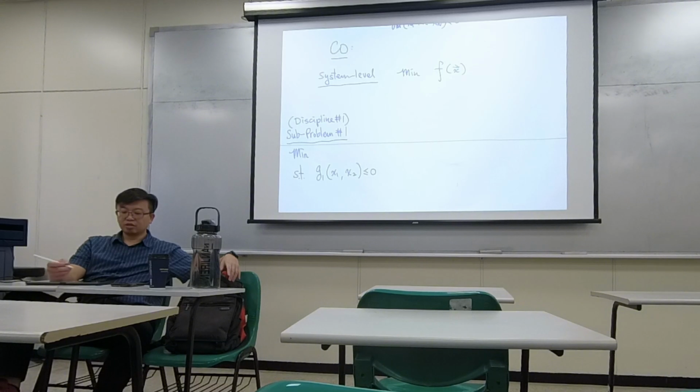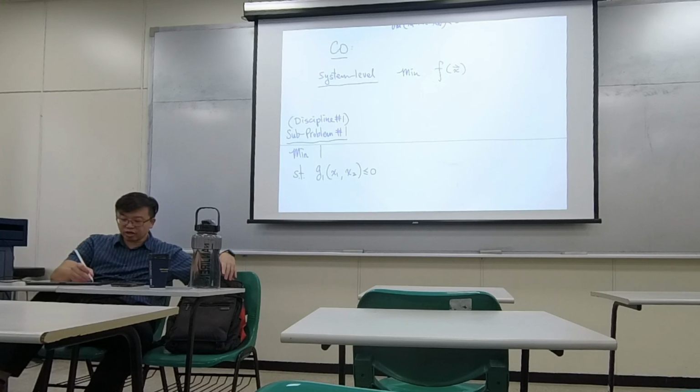Okay, so what would be the objective function? So over here there are people doing this. They are trying to minimize, let's say, x1 minus x1 from the system plus x2 from the system.